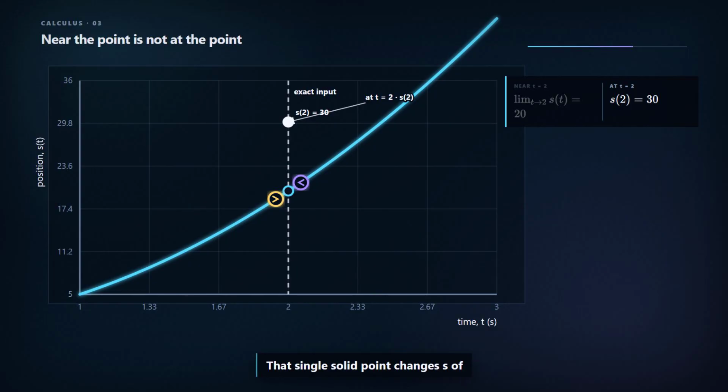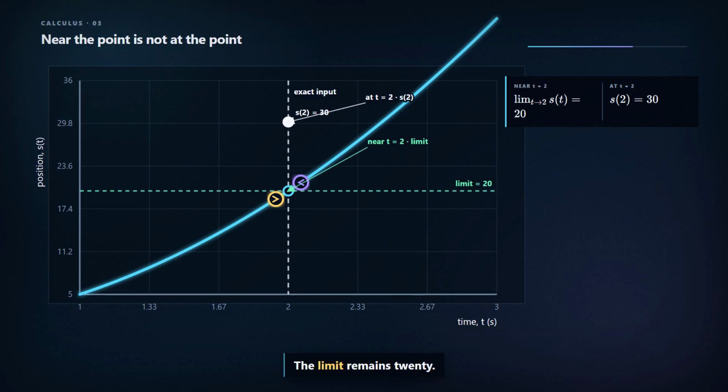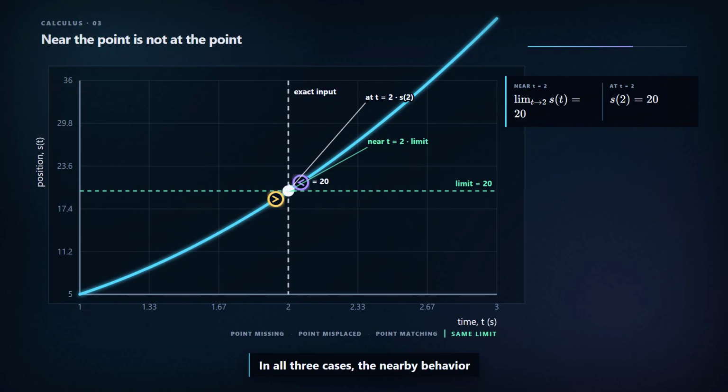That single solid point changes S of 2, but it does not redirect the surrounding curve. The limit remains 20. We can even place the point correctly at 20. In all 3 cases, the nearby behavior is the same.